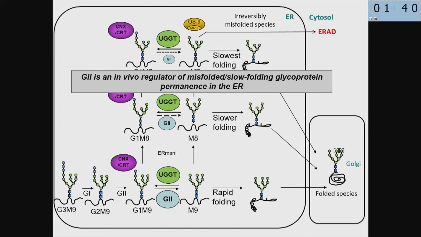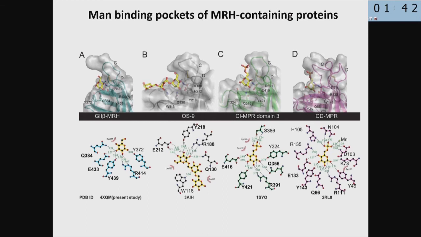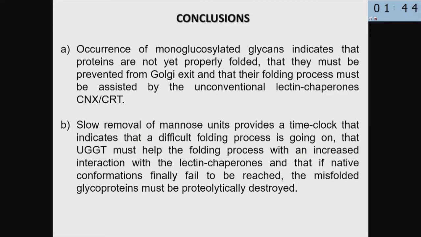So, well, I will hurry up. The conclusion is that the occurrence of monoglucosylated glycans indicates that proteins are not yet properly folded, that they must be prevented from Golgi exit, and that their folding process must be assisted by the unconventional lectin chaperones calnexin and calreticulin.